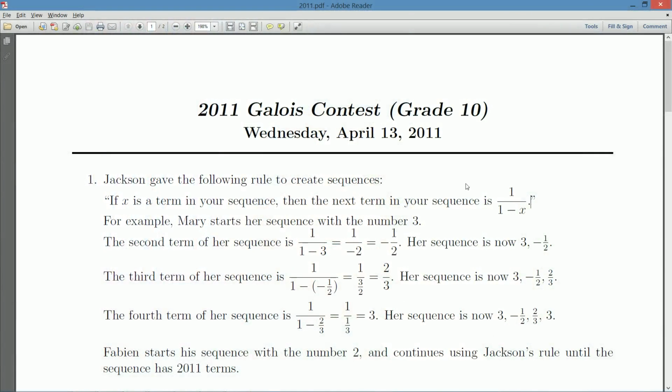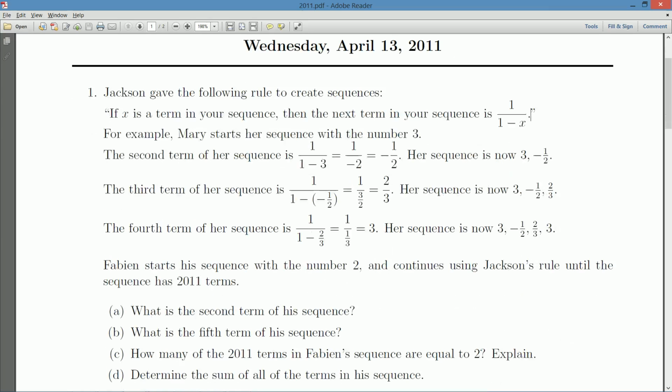We'll start with question 1, very appropriate. Jackson gave the following rule to create sequences. If x is a term in your sequence, then the next term in your sequence is 1 over 1 minus x. For example, Mary starts her sequence with the number 3. To get the next term, she needs to do 1 over 1 minus 3, which becomes 1 over negative 2, which is negative 1/2.